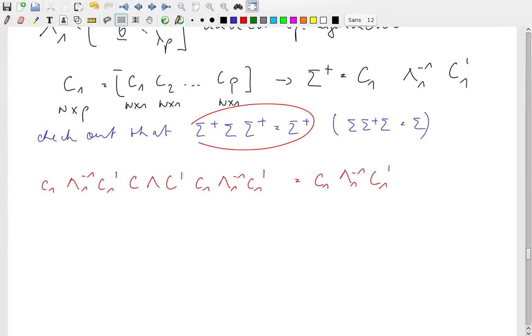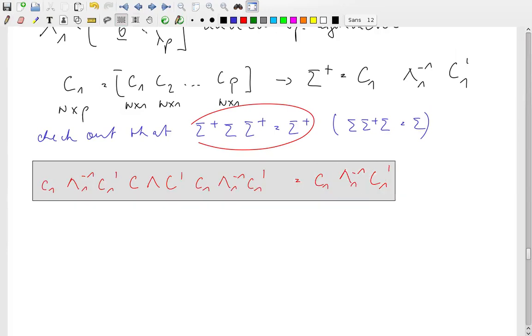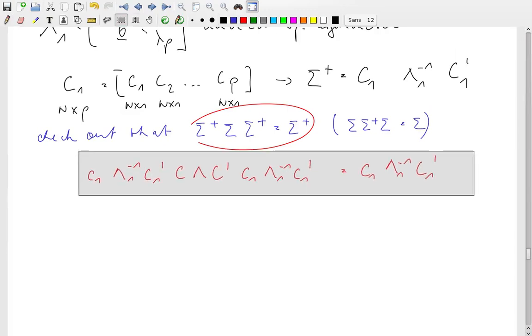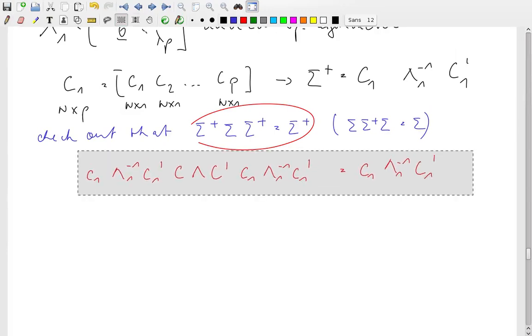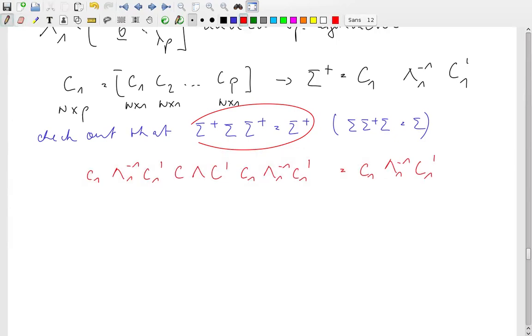Now, we can verify that this claim actually is true by taking a closer look into the components of the left-hand side expression. So we would have C1 here, which we leave. Lambda 1 to the minus 1 is the inverse of lambda 1.